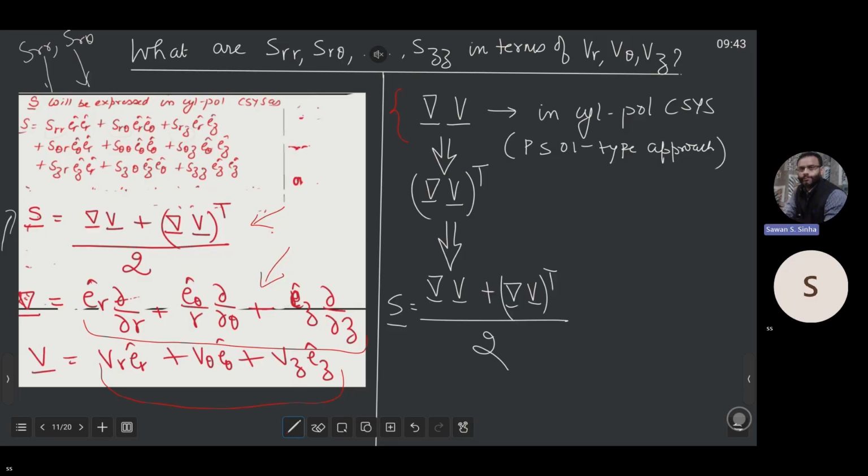PS1 type approach. This particular question I did not put, but I encourage you to do this as homework, practice. Find del V. And then once you have del V, you find del V transpose. That's easy, just to swap some scalar components. And then you assemble together this in cylindrical polar coordinate system. That's the approach.